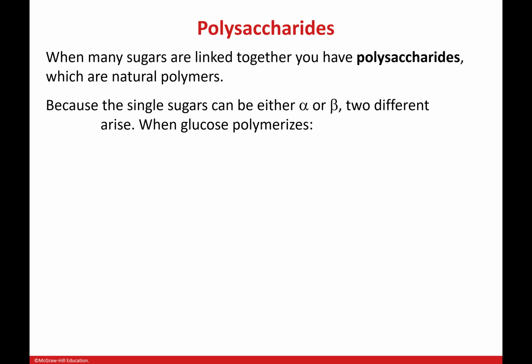So, because single sugars can be either alpha or beta, there's 2 different linkages that can arise. Oh, so this is what we heard in the video, the alpha linkage versus the beta linkage. The alpha one's easy to break, the beta one not so much, right? So just take plain old glucose and polymerize it with alpha linkages and you make starch. Alpha linkages.